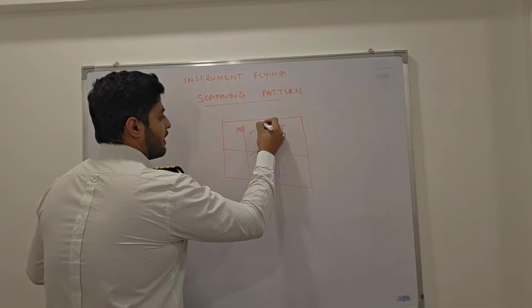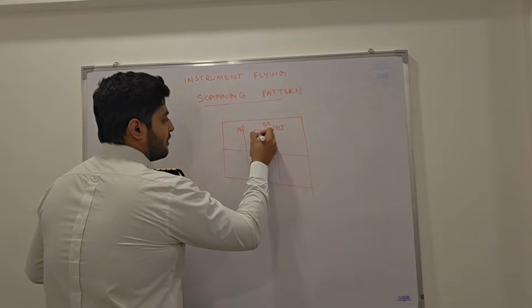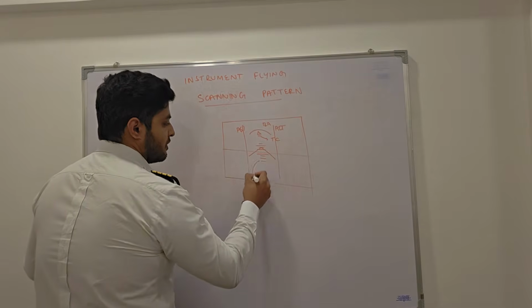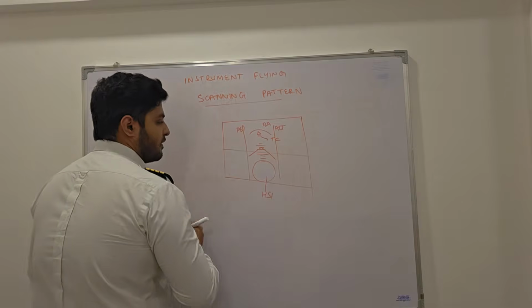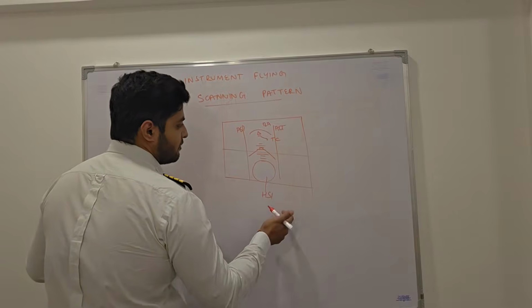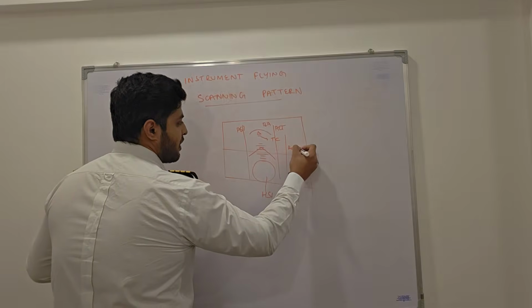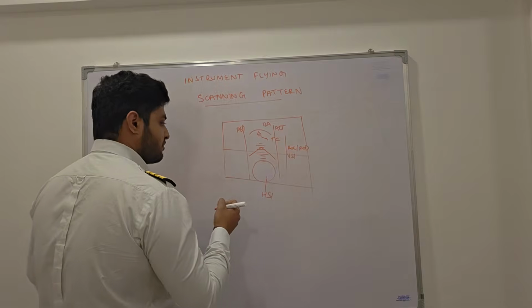This is the bank angle indicator, and there is a skid indicator below it, which is known as the turn coordinator. This dial shows horizontal situation and is known as the horizontal situation indicator. Here is rate of climb or rate of descent, also known as the vertical speed indicator.